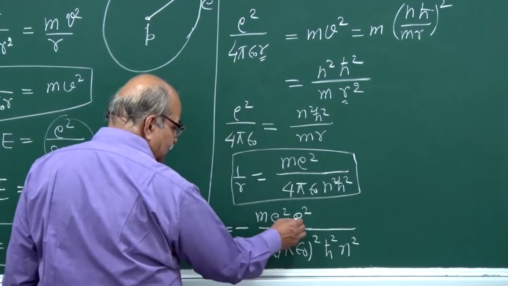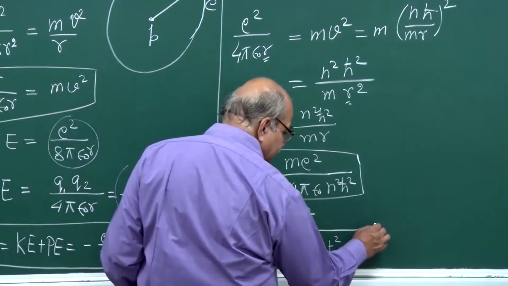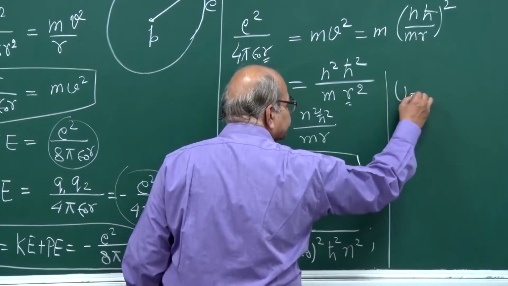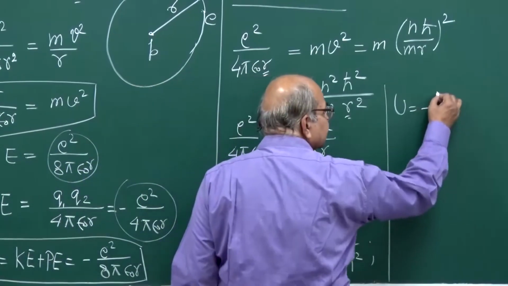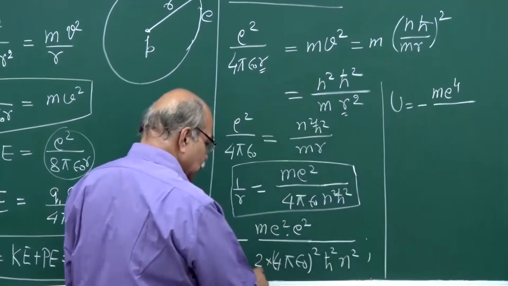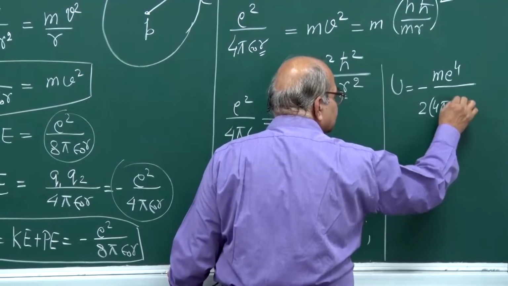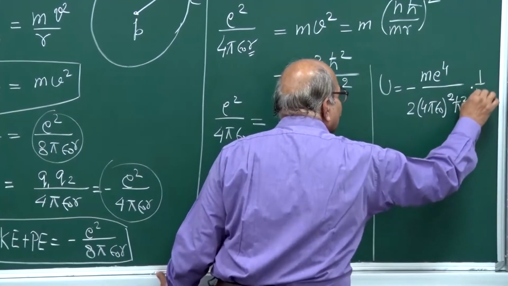This e square into e square you can write as e to the power 4. So this expression is finally U equal to minus m e to the power 4 divided by 2 into 4 pi epsilon naught square h cross square, and then 1 over n square.